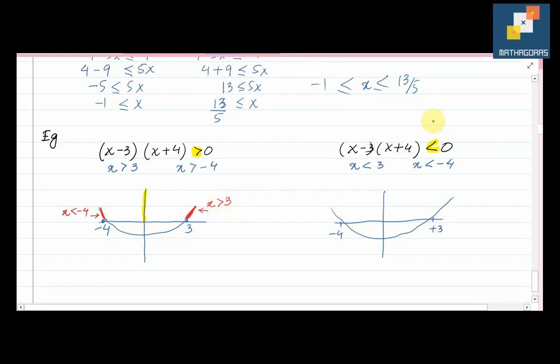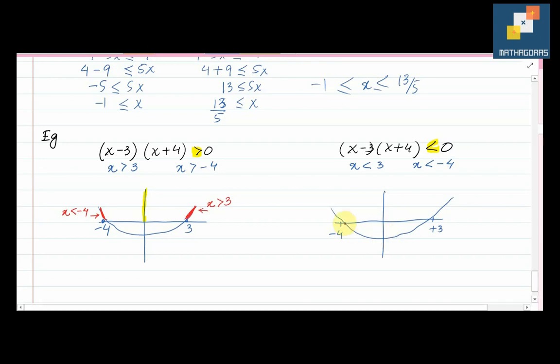Similarly, if in this example you are saying that y should be less than 0, now in your graph, where are the values in which y should be less than 0? You know that it is your x-axis, and at this line y is 0. When you go below this line, y is less than 0, right?